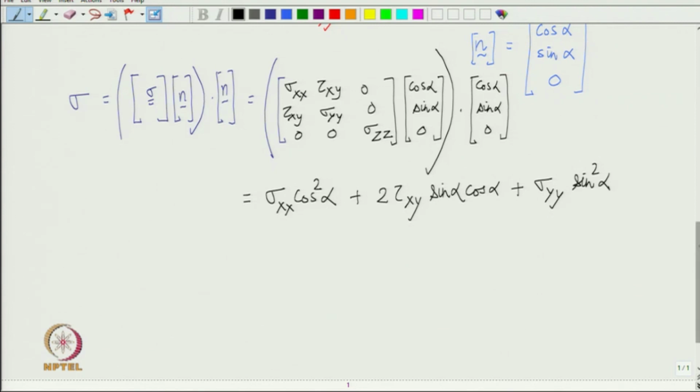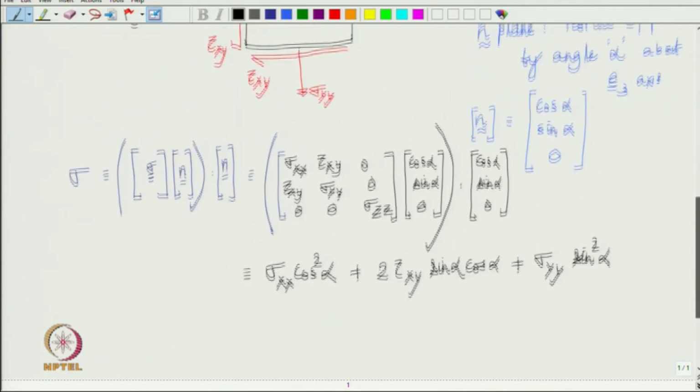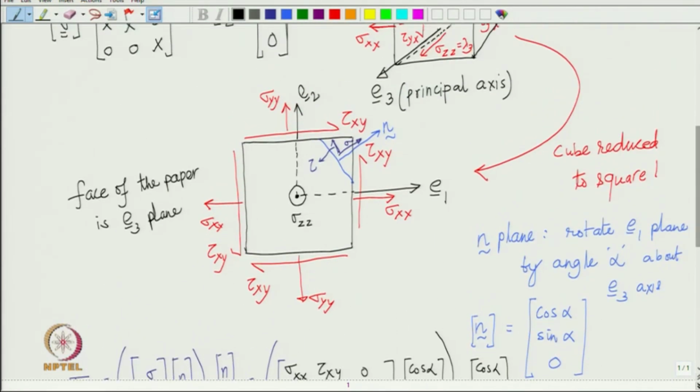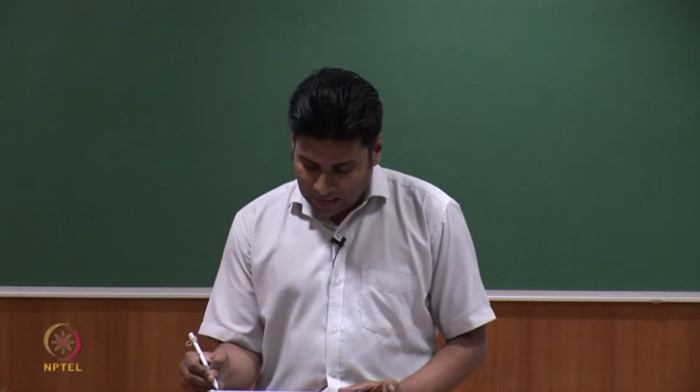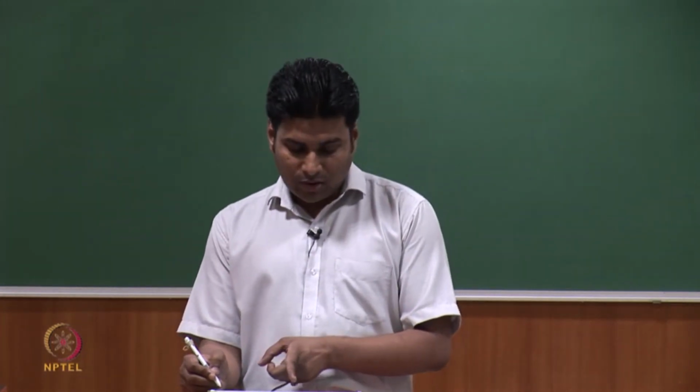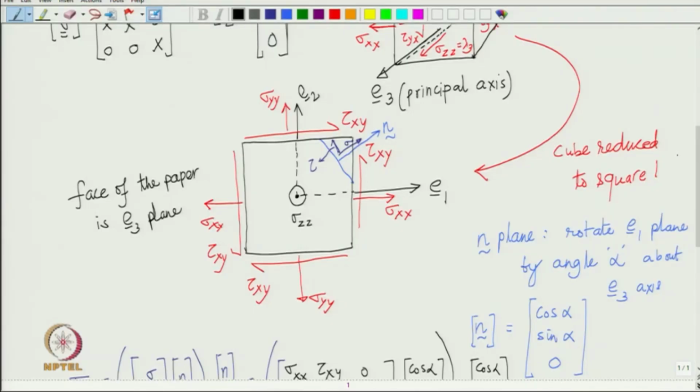And what about tau? See how to get tau? Find out the total traction on this plane and then take its component in the direction of tau, the direction that we have chosen here. Okay. So, what is n perpendicular in this case? See, the n perpendicular has got its E1 component negative and E2 component is positive.